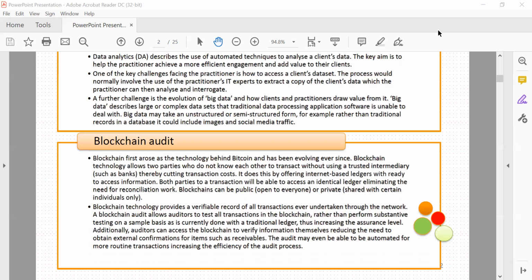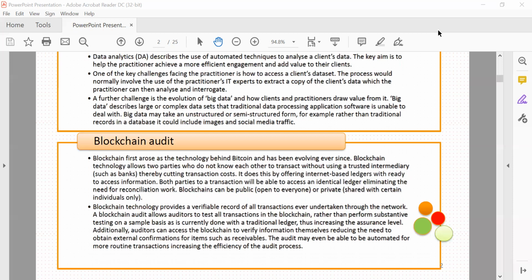When you're talking about making transactions, there's usually a trusted intermediary like a bank. If an auditor has to get external confirmation, and the client's financial statements say they have a cash amount of $50,000, the next question will be, with which bank? Then they probably say Barclays Bank.